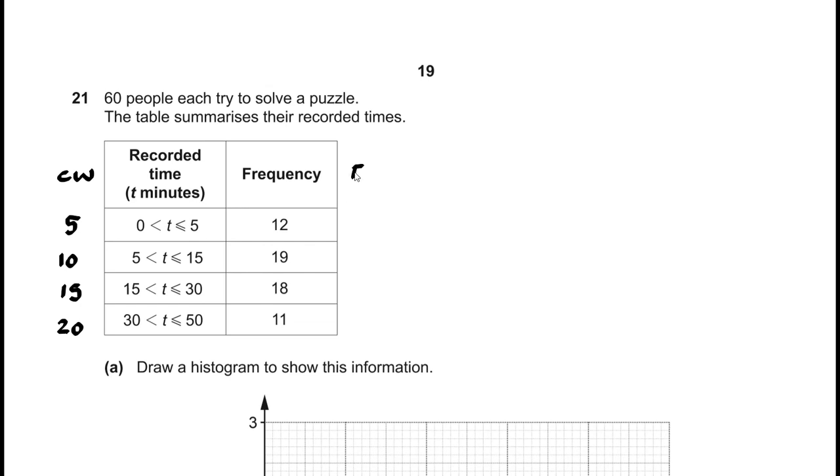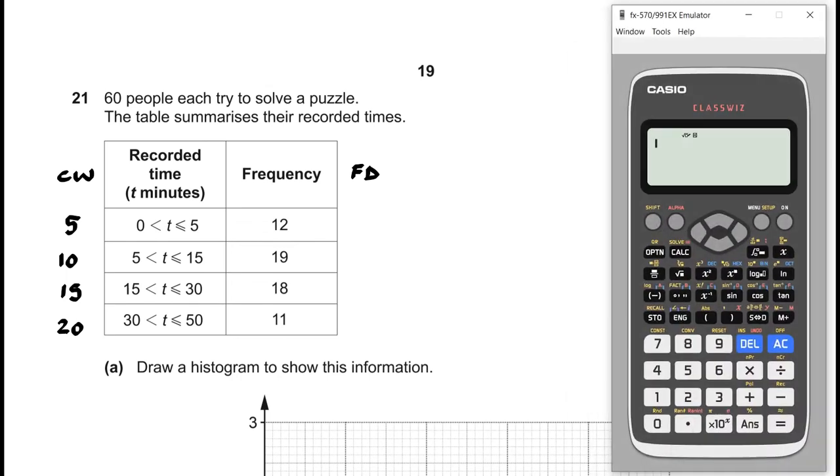We now need to work out the frequency density. To work out the frequency density, we divide the frequency by the class width. 12 divided by 5 is 2.4. 19 divided by 10 is 1.9. 18 divided by 15 is 1.2. 11 divided by 20 is 0.55.